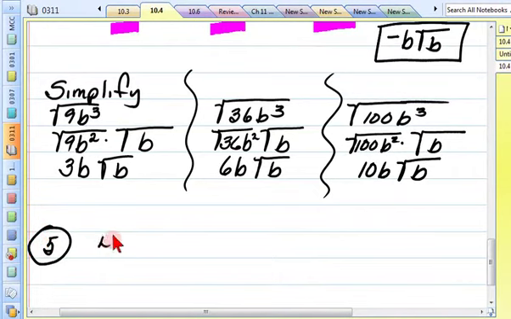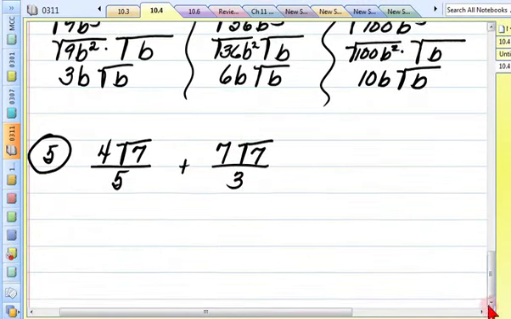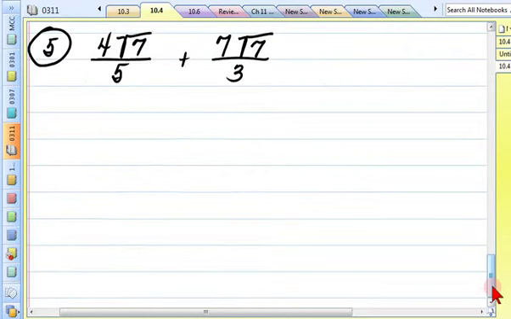All right, so I have 4 times the square root of 7 over 5 plus 7 times the square root of 7 over 3. This problem turns out virtually to be an arithmetic problem.